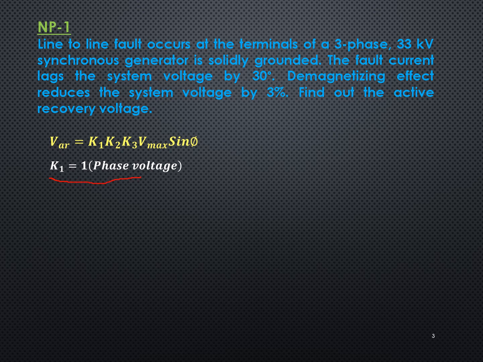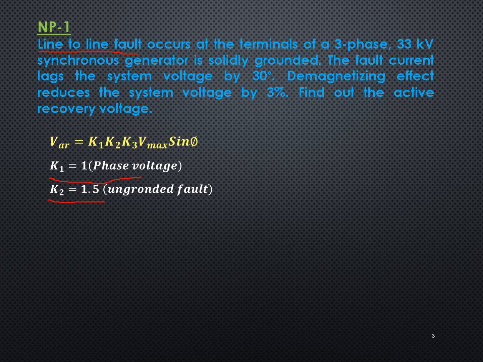The K2 value depends on whether the fault is grounded or ungrounded. The fault is a line to line fault, which means it is an ungrounded fault. So in case of an ungrounded fault, K2 is equal to 1.5.